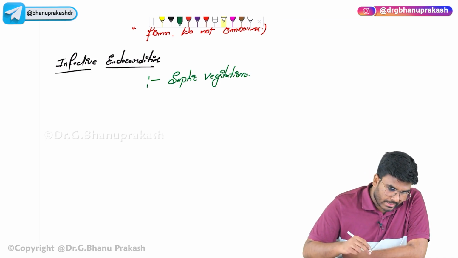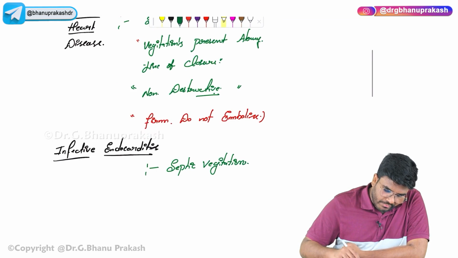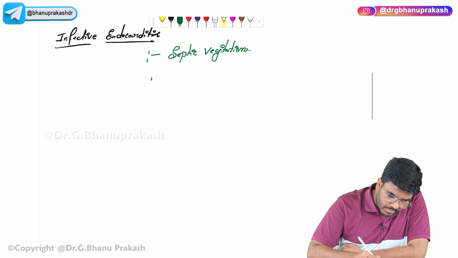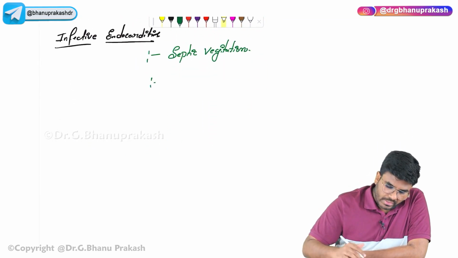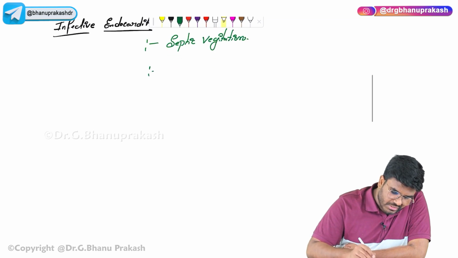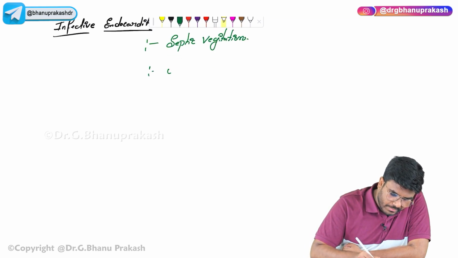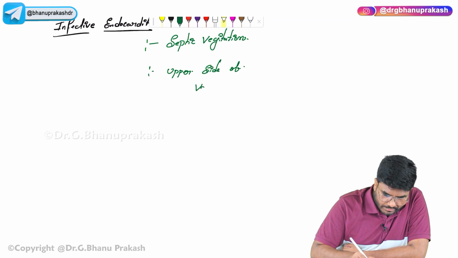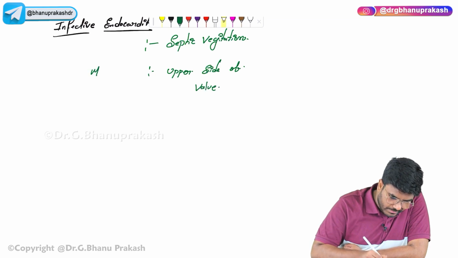The next important point is where they are present. They are present both above the wall as well as below the wall, but the most common site of the vegetations is the upper side of the wall.